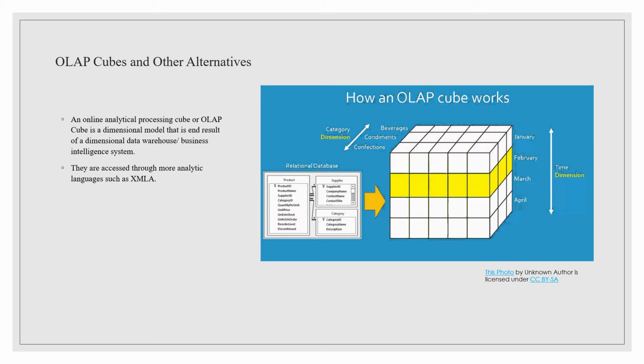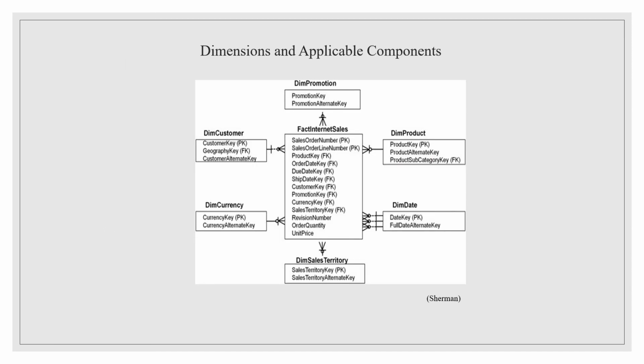Alternative dimensional models are the star schemas, which are dimensional structures that consist of a fact table linked to foreign keys. Example of dimensions and applicable components.